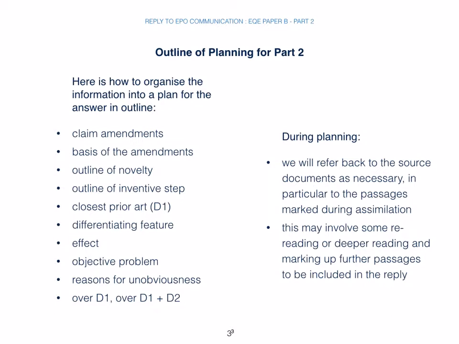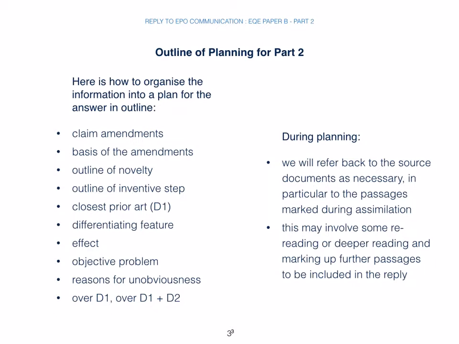During planning, we will refer back to the source documents as necessary, in particular to the passages marked during a simulation. This may involve some rereading or deeper reading and marking up further passages to be included in the reply.